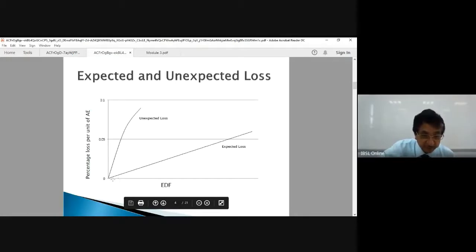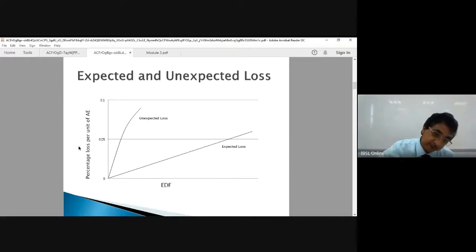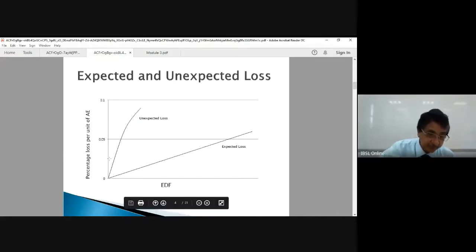Now when EDF comes along the x-axis, percentage loss per unit of AE, this is a particular parameter very much parallel to the exposure at default, but it is given in a unit form. But there's no big issue here because percentage loss per unit means LGD as a percentage.